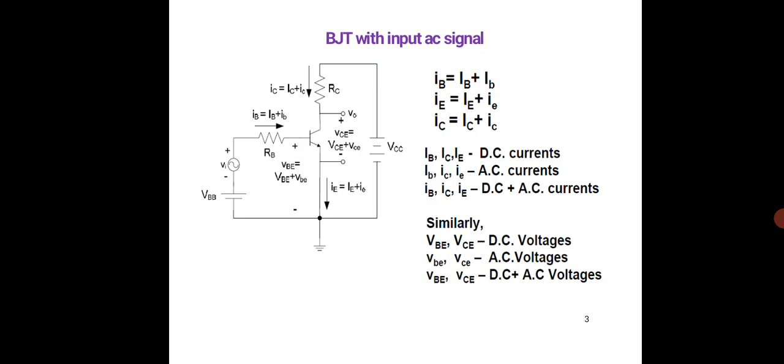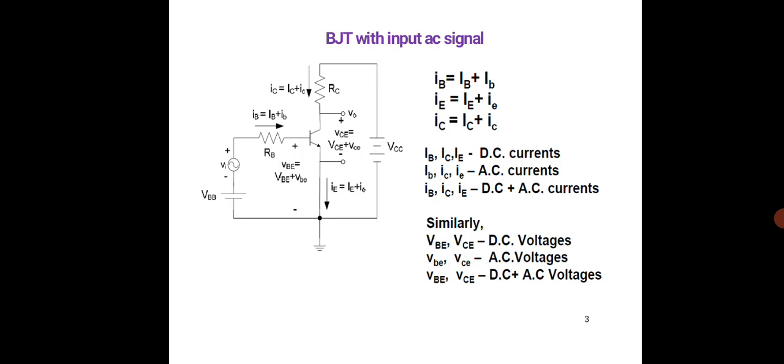So whenever it is represented with the uppercase letter, it represents the DC current. Whenever it is represented with the lowercase letter, it represents the AC current. So here iB, iE and iC are the combination of DC and AC currents.